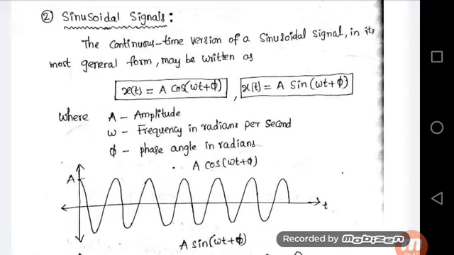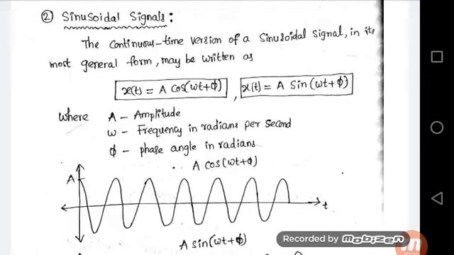Related formulas: x of t equal to A cos(omega t plus phi), x of t equal to cos(omega t plus phi), x of t equal to A sin(omega t plus phi), where A is amplitude, omega equal to frequency in radians per second, phi equal to phase angle in radians.